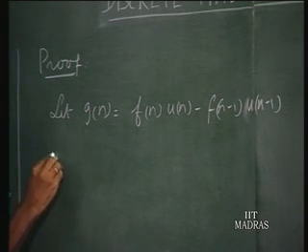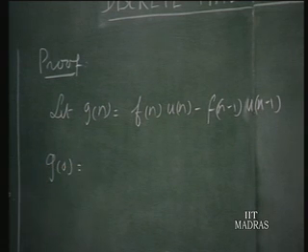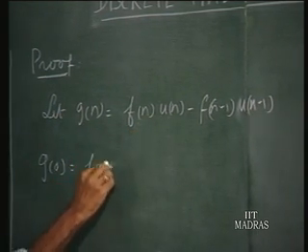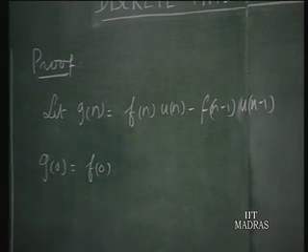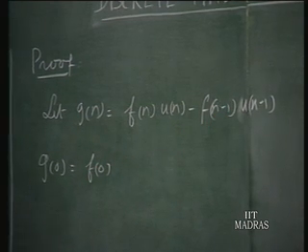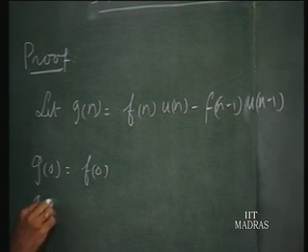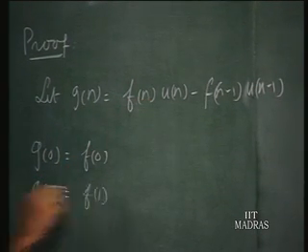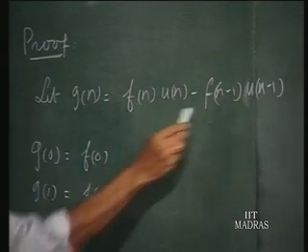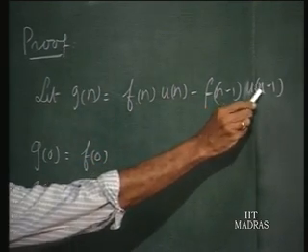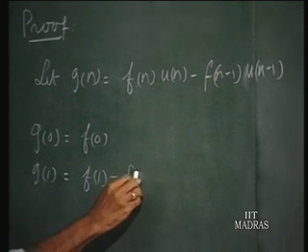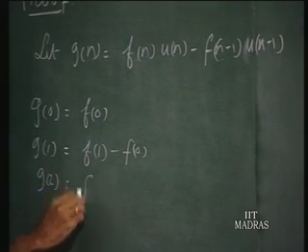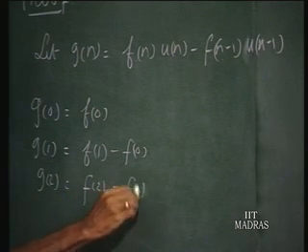It's obvious that g[0], when n equals 0, is f[0]u[0], that is f[0], and because of u[n-1], that second term is going to be 0. g[1] equals f[1]u[1], that is f[1], minus, when n equals 1, f[0], since u[0] is also equal to 1. This is f[1] minus f[0]. g[2] likewise can be shown to be f[2] minus f[1], and so on and so forth.